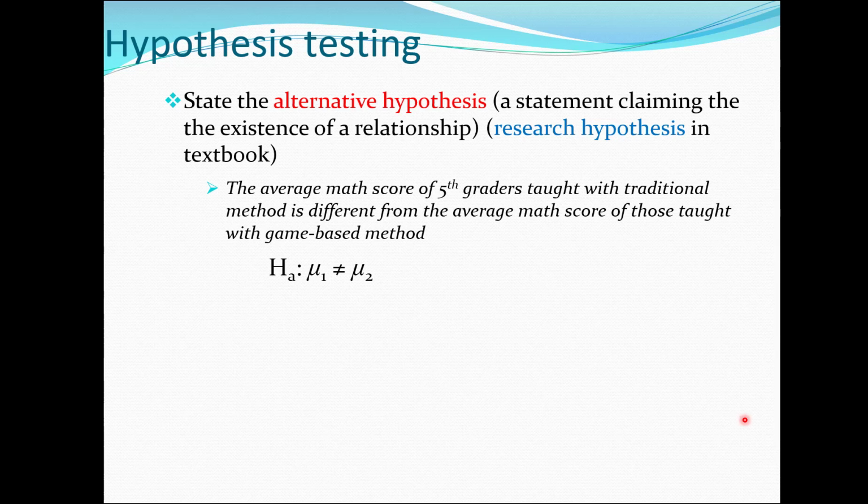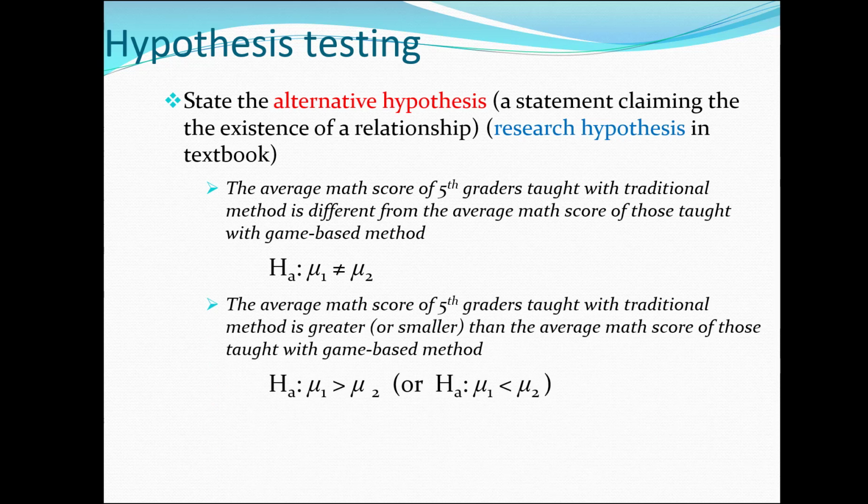If you state your alternative hypothesis as there is a difference between mu1 and mu2, you are not indicating which one is larger and which one is smaller. But you can definitely state your alternative hypothesis differently by indicating the direction of the difference or the relationship. I will show you what I mean here.